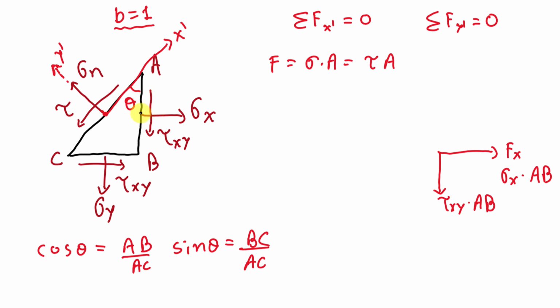Now similarly, sides BC and AC will also have this type of forces. On this surface there will be a force in this direction, sigma y into BC, and a force in this direction, tau xy into BC.